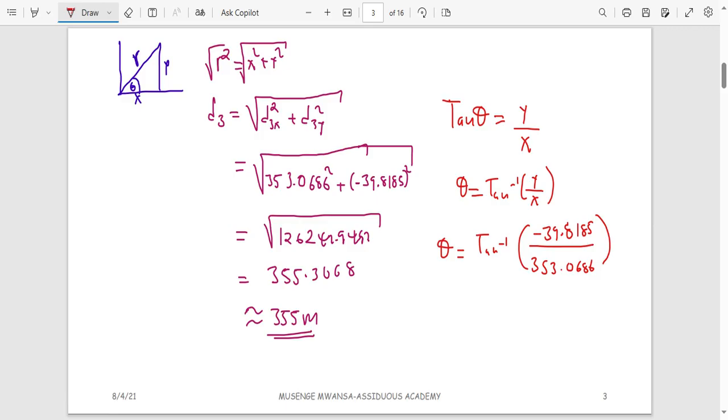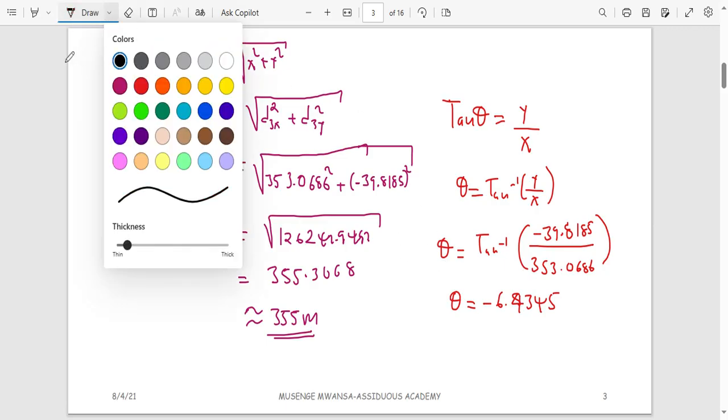Just press on your calculator shift and press where you see tan, and then write negative 39.8185 divided by 353.0686. This is going to give you theta being negative 6.4345.